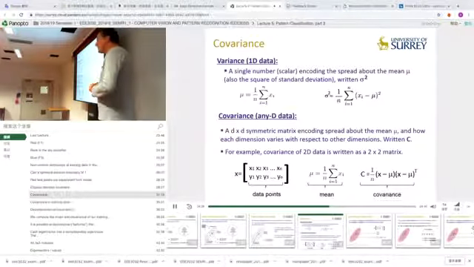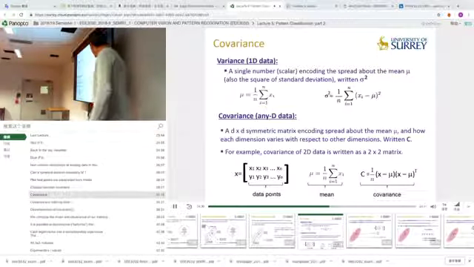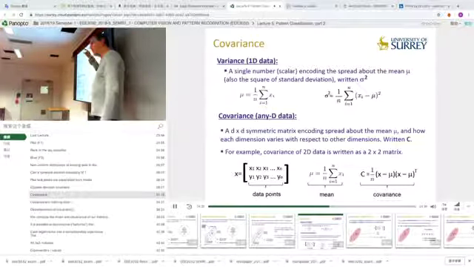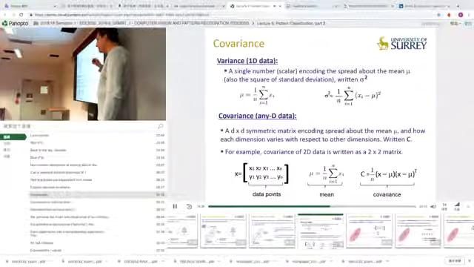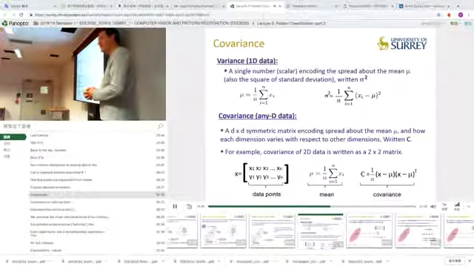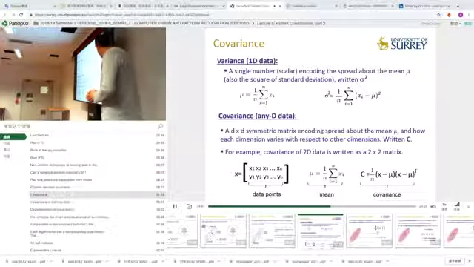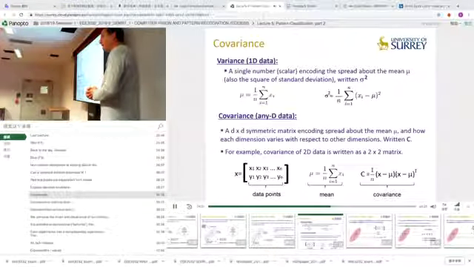So if I was working in 2-dimensional space, x and y, then the top left location in my 2 by 2 matrix, 1, 1 if you like, is going to be a value that corresponds to the variance of the data as if I were looking down the x-axis. In other words, if I projected that data onto the x-axis. Similarly for location 2, 2, the bottom right value is going to be the variance along the y-axis.